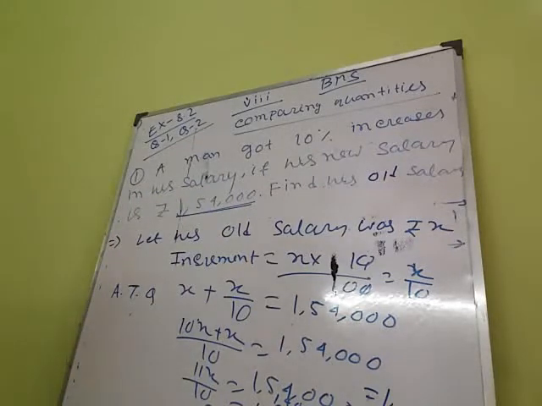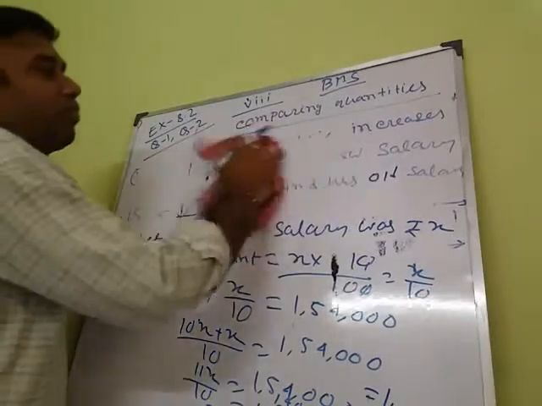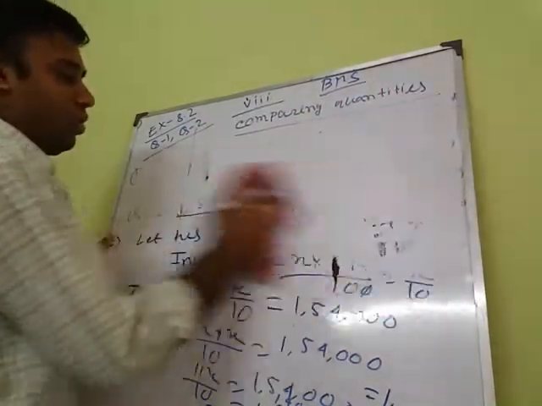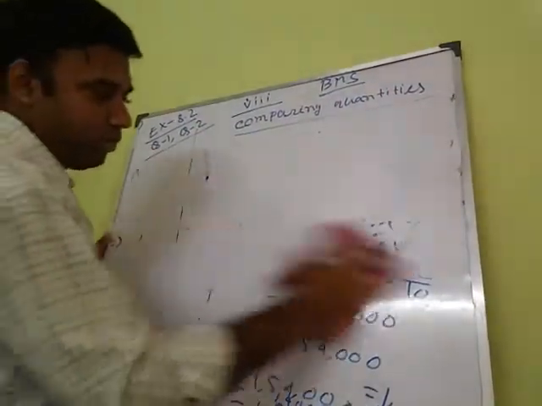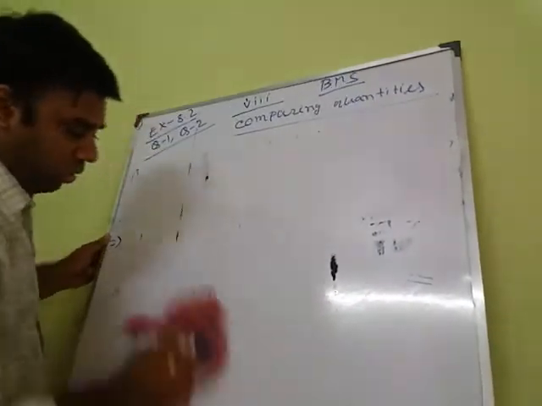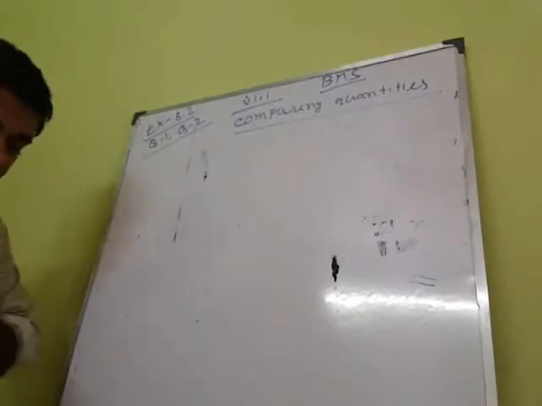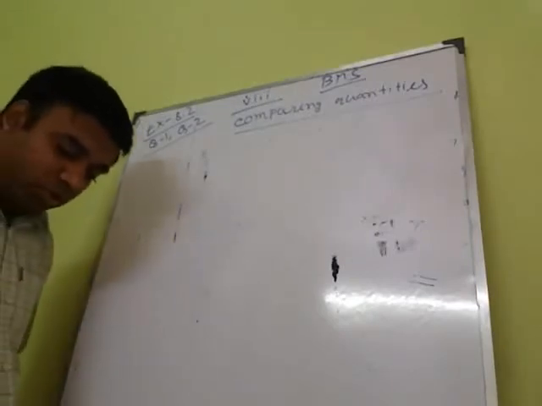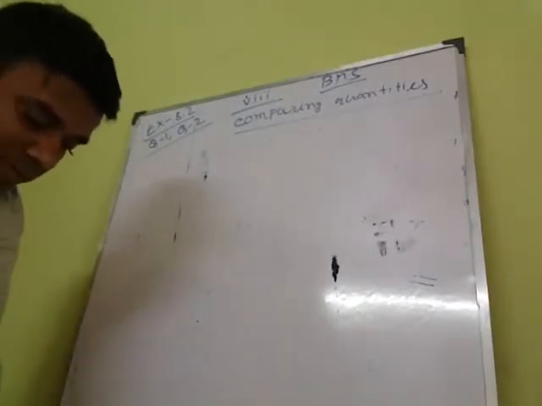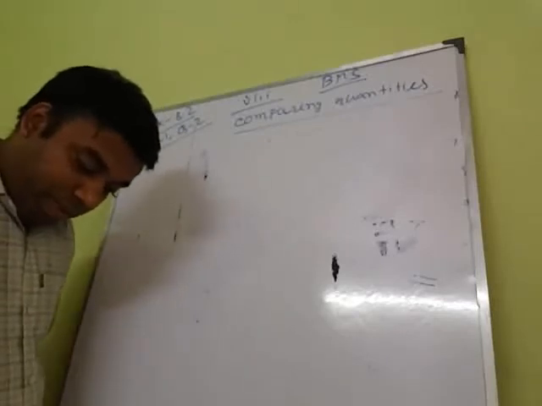Question number 2. On Sunday, 845 people went to the zoo. On Monday, 169 people went.